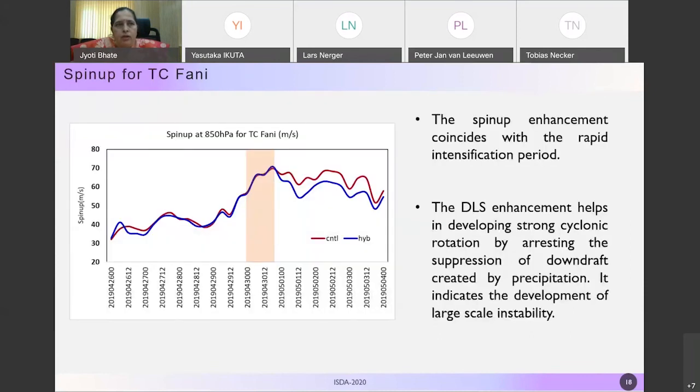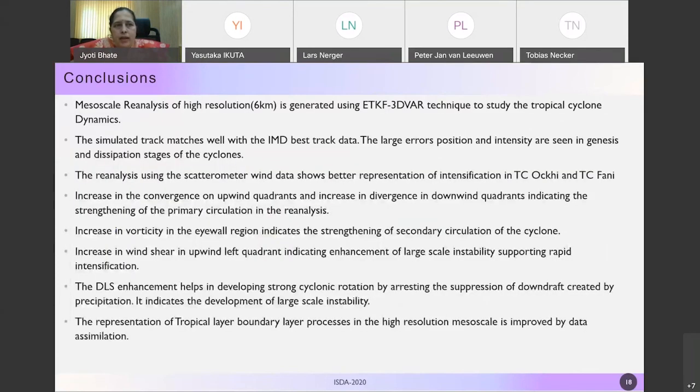Coming to the conclusion, the mesoscale reanalysis of high resolution is generated using the ETKF 3DVar technique to study tropical cyclone dynamics. The simulated track matches well with the IMD best track data. The large errors in position and intensity are seen in the genesis and dissipation stages of the cyclone. The reanalysis using scatterometer wind data shows better representation of intensification in tropical cyclones Oki and Fani.